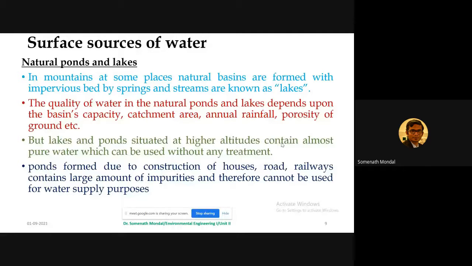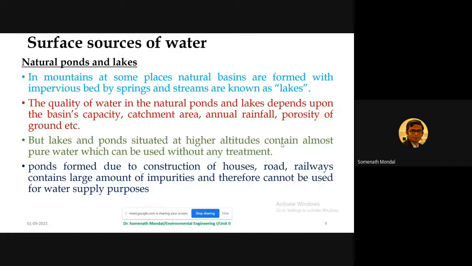Now, what happens is, lakes are, I would say, isolated or remote in position from human agglomeration. On the contrary, when we talk about ponds, most ponds are artificial because of anthropogenic activity. So human beings might have created ponds, or some ponds might be natural, but mostly you will see the ponds are close to human agglomeration.